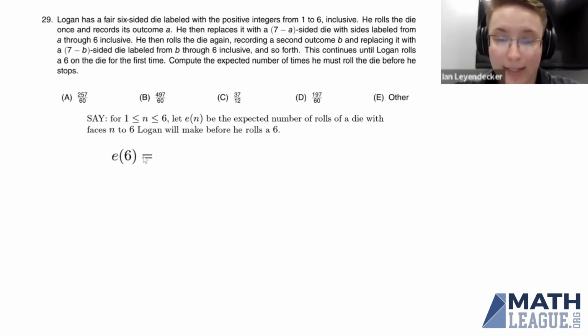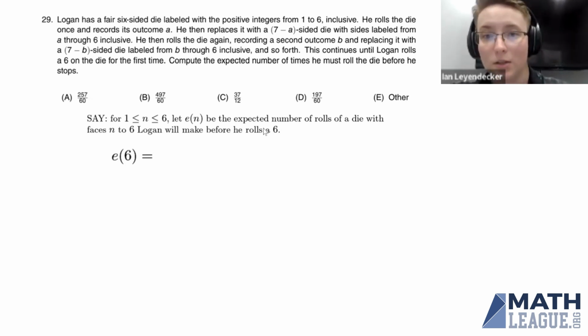So since n stops at 6, let's first think about e of 6. Well, the way we defined it, e of 6 will be the expected number of rolls Logan will have to make in his game of a die with faces from 6 to 6, or essentially how many times he'll have to roll if all of his options are 6.